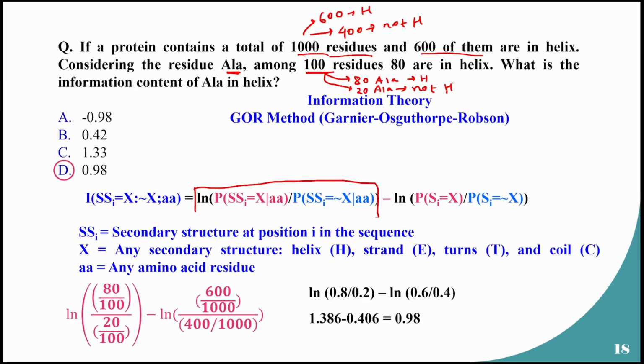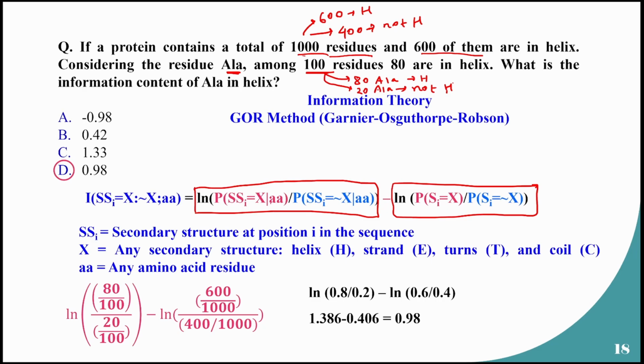This is the first term, and let's say this is the second term. Now, what do the first term and second term mean? They are each composed of two different parts.